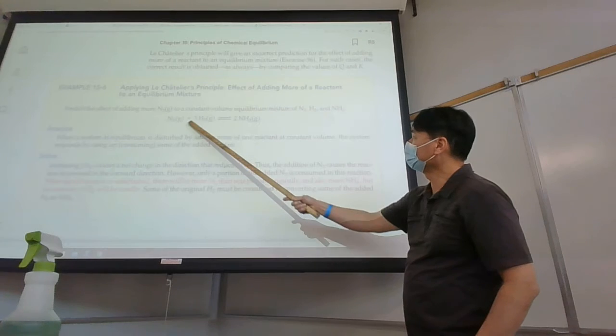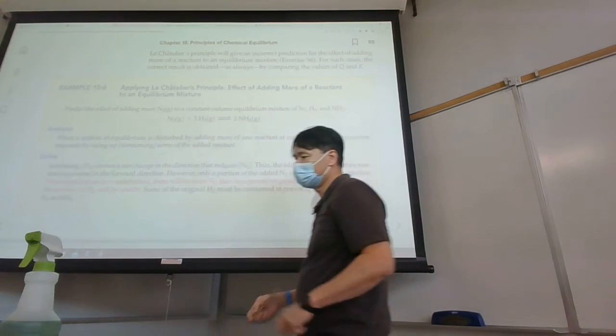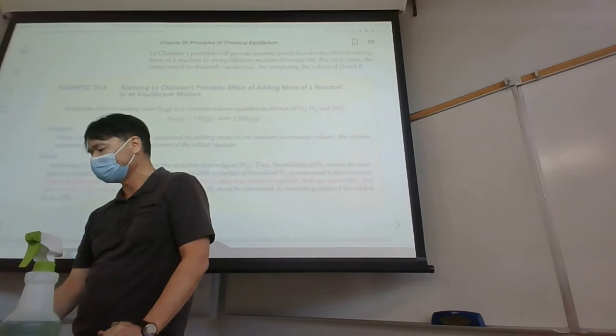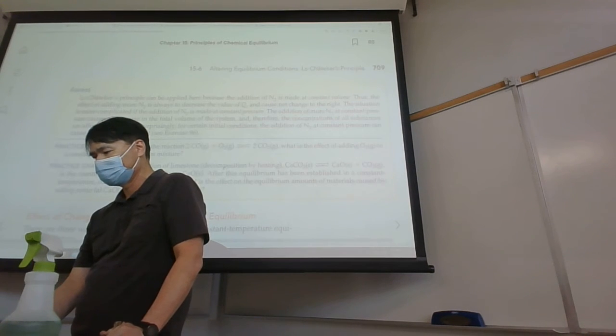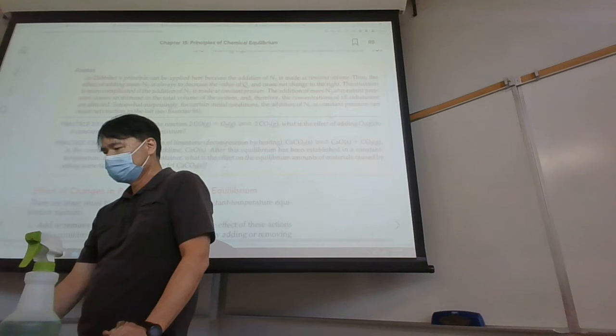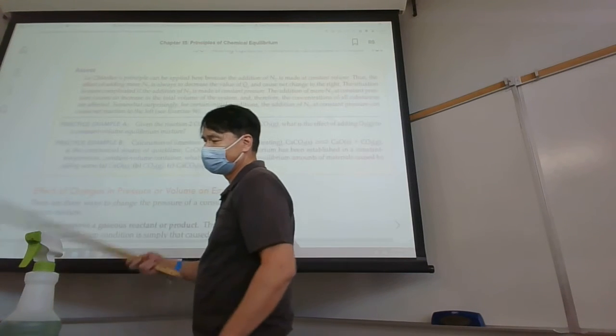All right, so the effect of adding more nitrogen, we got that. I'm just going to shift it to the right. Long explanation for that.